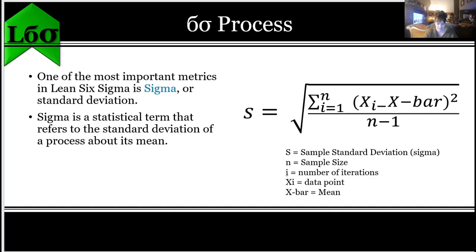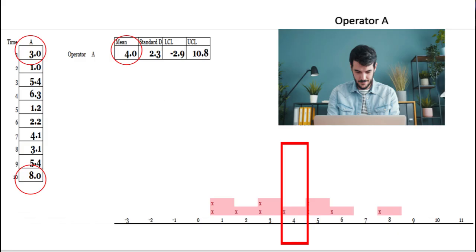So if we have an 8-hour period, operator A does it 10 times, then what is the average time for that operator to do it? That's the mean. Then how does each one of those instances, out of the 10, vary above the mean?